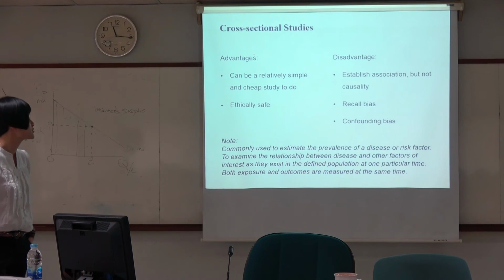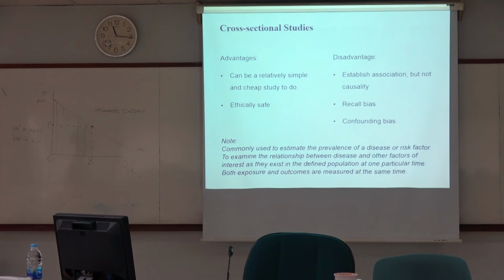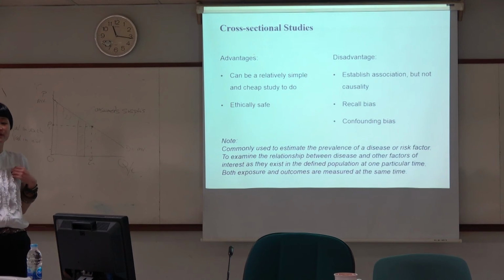And then cross-sectional study, commonly used to estimate prevalence of a disease or risk factor, looking at the relationship between a disease and other factors of interest in a specific population at a specific time point. And you measure both exposures and outcomes at the same time. So for instance, I was involved in an international cross-sectional study on deep vein thrombosis.